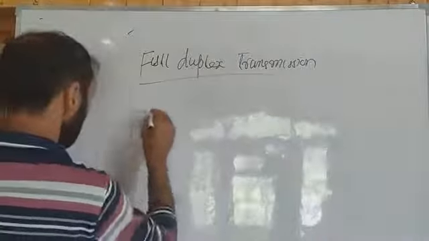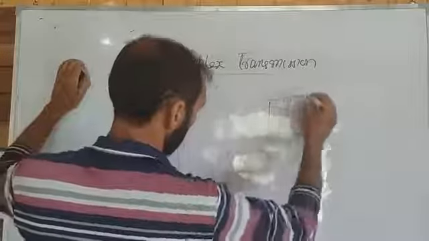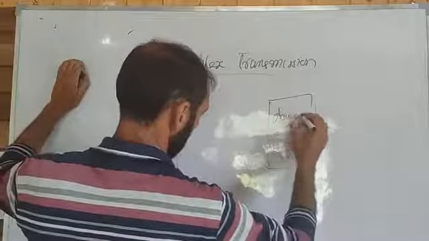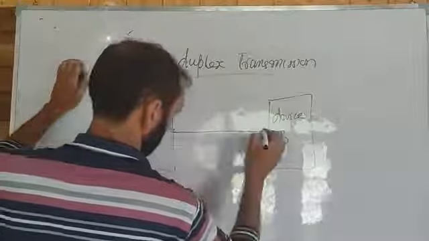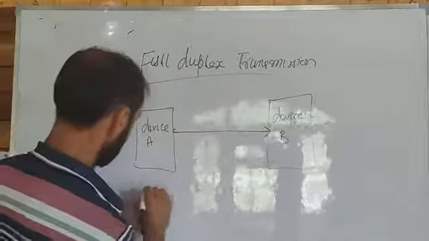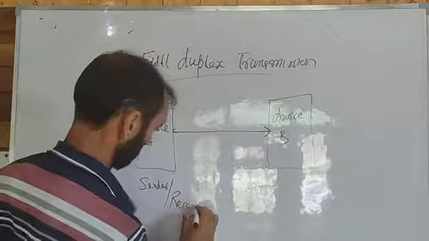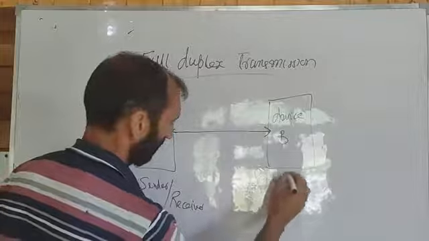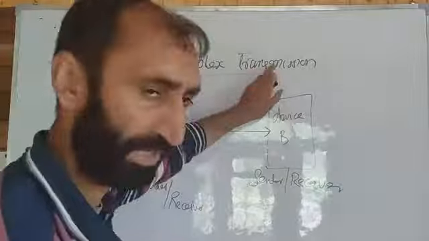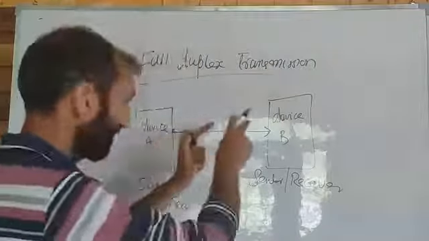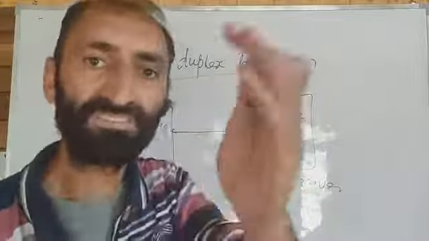For example, if this is device A and this is device B, in this mode of data transmission both the sender as well as the receiver, that means both the communicating devices, can transmit data simultaneously.